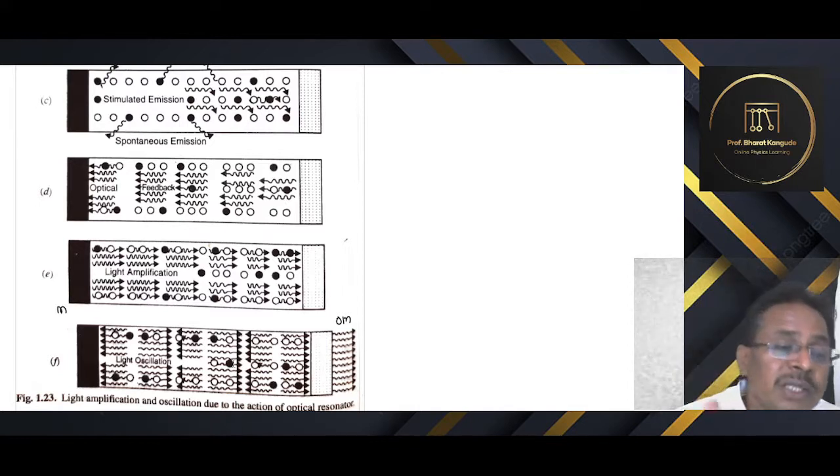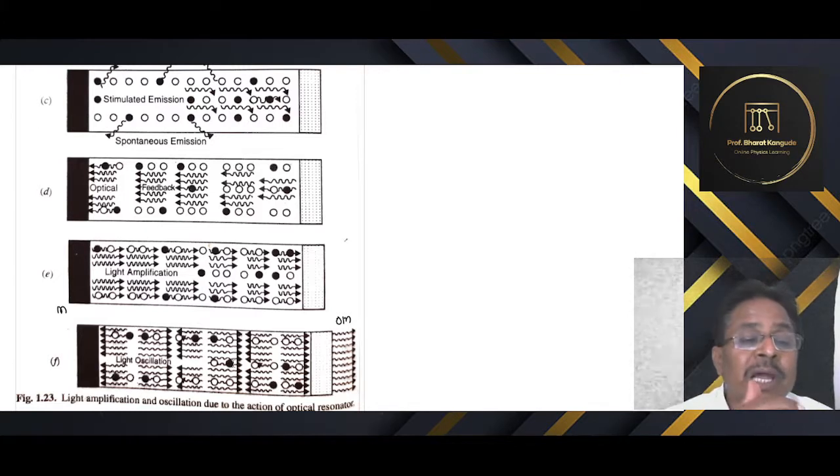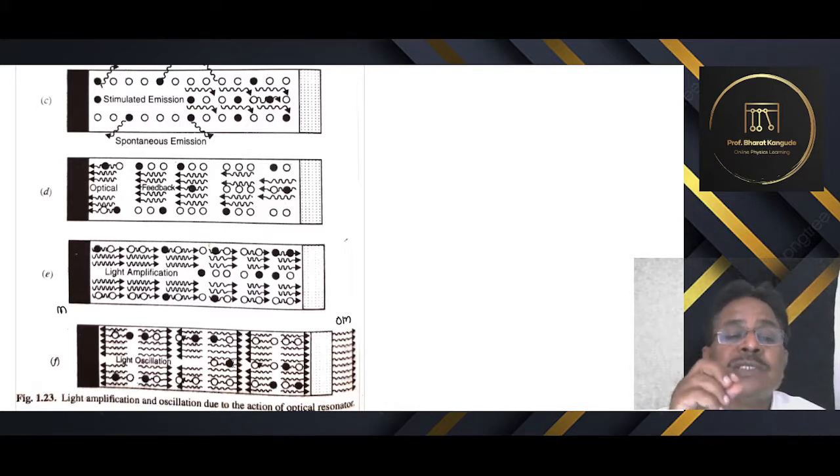All this reaches the mirror M on the left hand side, and again gets reflected back several times. This process occurs, and that is how light amplification happens: the intensity of the laser radiation goes on increasing in a multiple way, as many times as such oscillations take place.